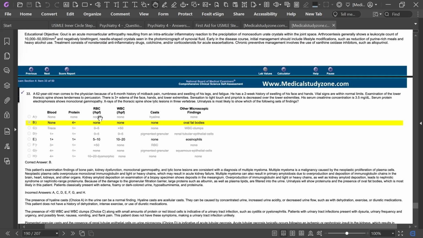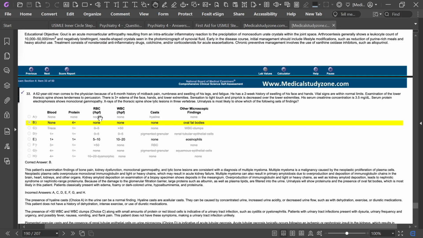Large proteins such as albumin as well as plasma lipids are filtered into the urine. Urinalysis will show proteinuria and the presence of oval fat bodies, which is most likely in these patients, classically seen with edema, foamy, dark colored urine, hypoalbuminemia, and proteinuria.